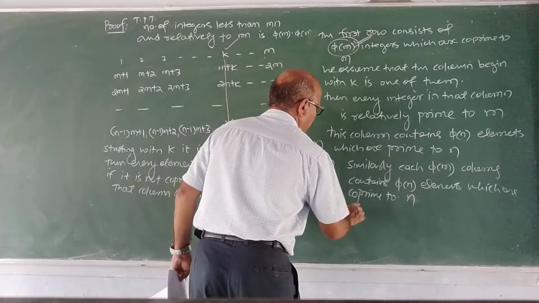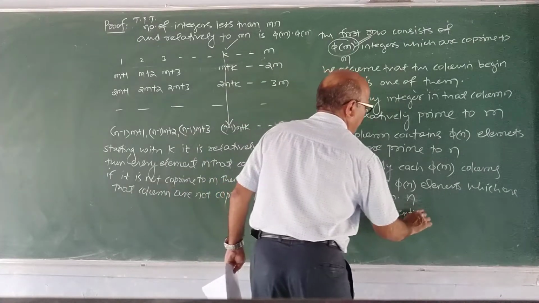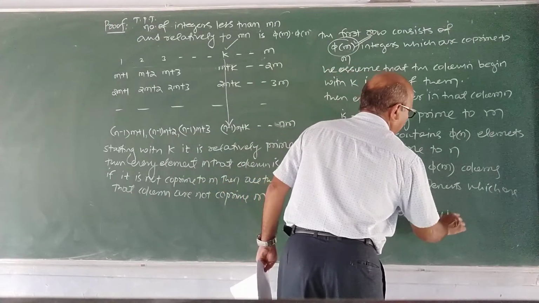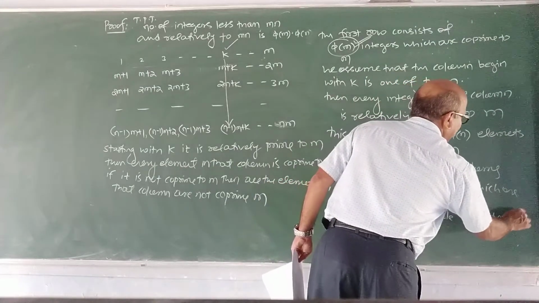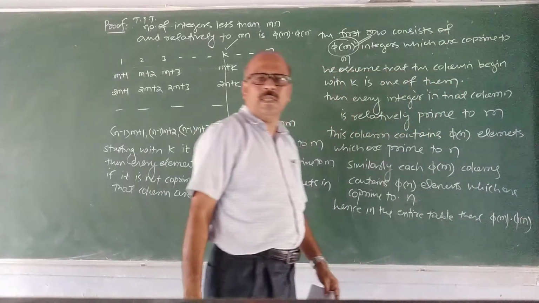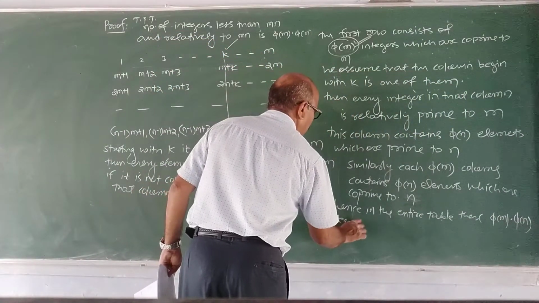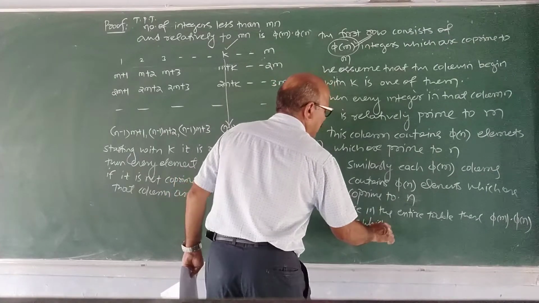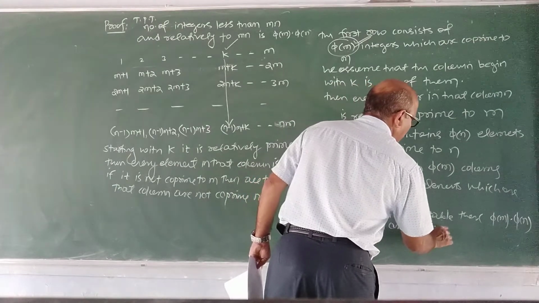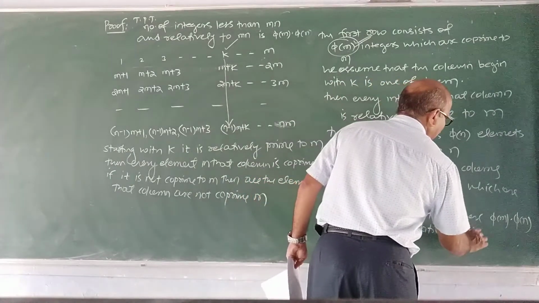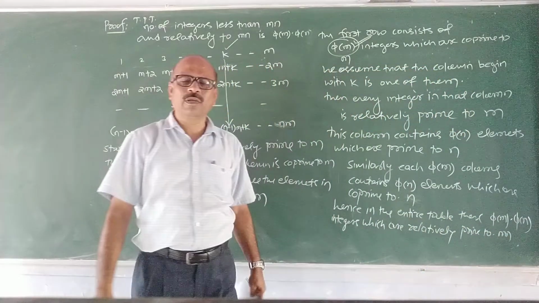Hence, in the entire table, there are pi m into pi n integers which are relatively prime to mn.